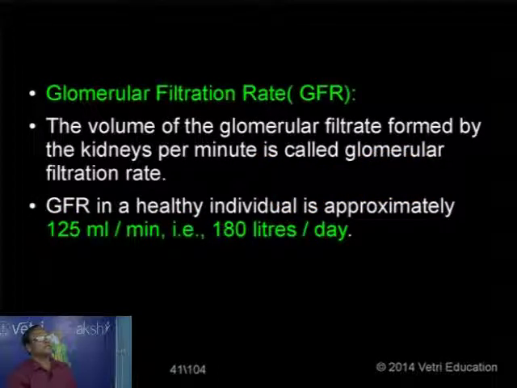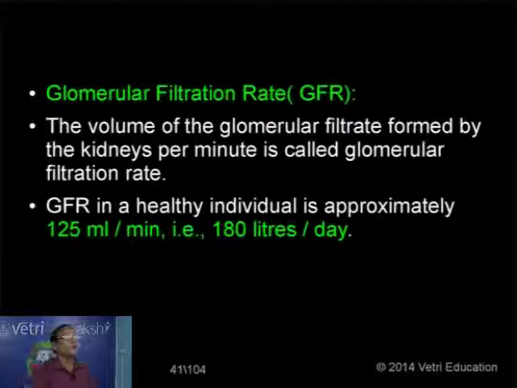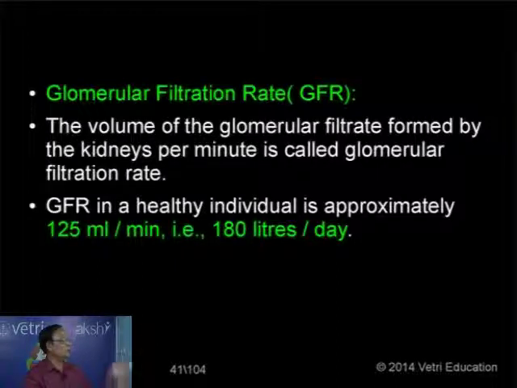Now what is glomerular filtration? During filtration, a certain amount of filtrate is produced per minute. The volume of filtrate that is produced or formed or collected in the capsular cavity per minute is known as the glomerular filtration rate. So the volume of the glomerular filtrate formed by the kidneys per minute is called glomerular filtration rate, GFR.